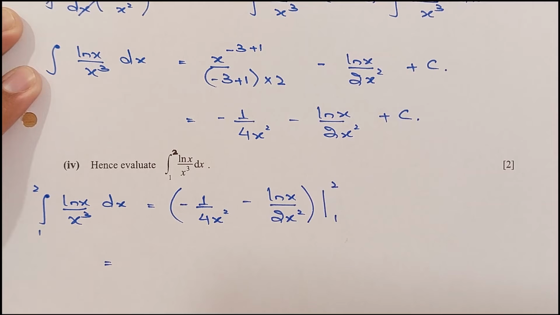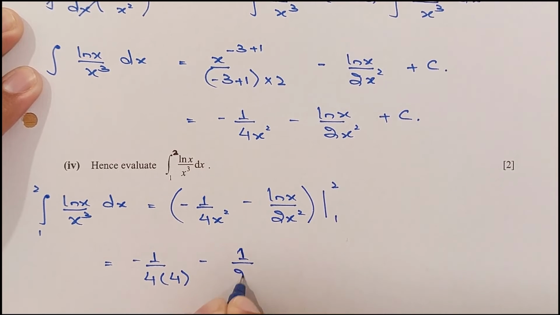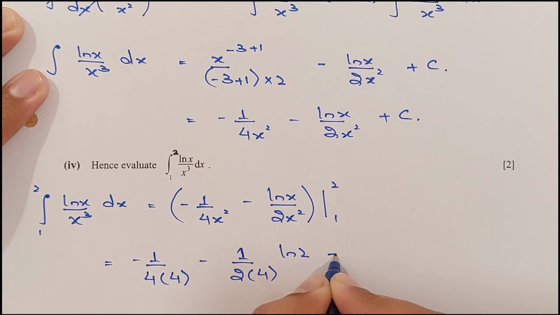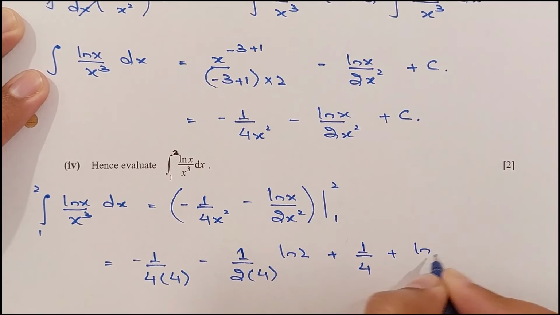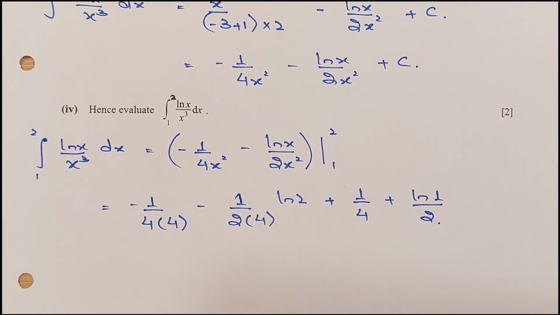So upper limit is 2: minus 1 by 4, 2 squared is 4, minus 1 by 2, 2 squared is 4, ln of 2, right? Now subtract the lower limit, minus is plus, 1 by 4, the 1 squared is just 1, so plus ln of 1 over 2. Natural log of 1 is equal to 0.